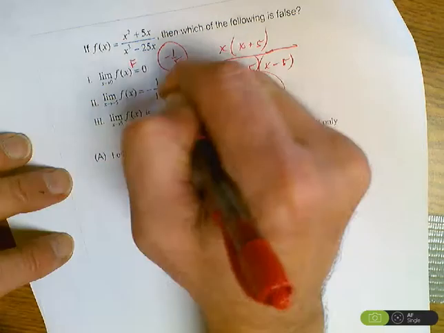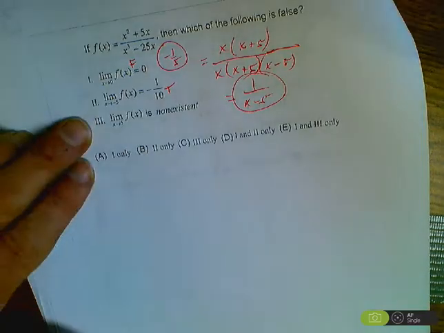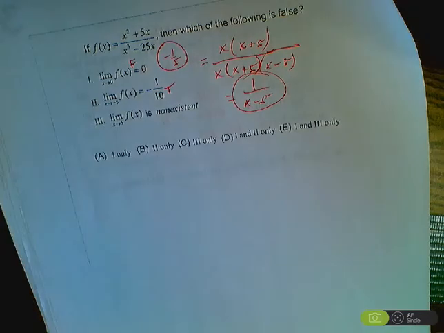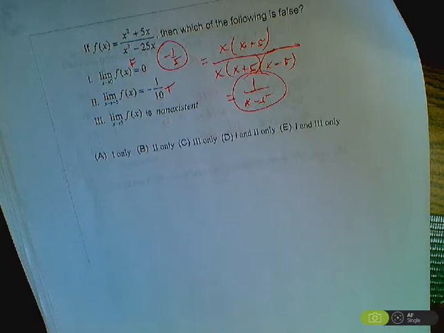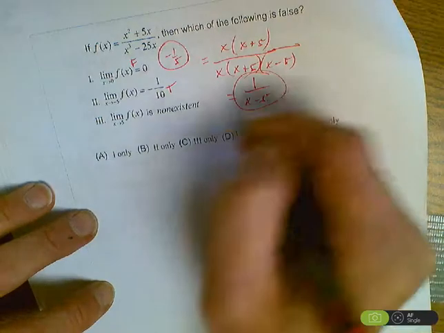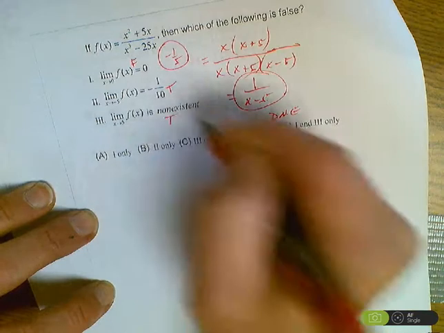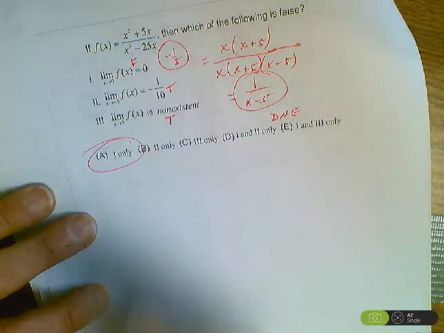That's true. Okay, third one. As you go to 5, is f of x non-existent? Wait a second. The left-hand limit is undefined, right? Because now at 5, this is a DNE. Does not exist. So that's true. So I would go with number 1 only. Okay, next one.